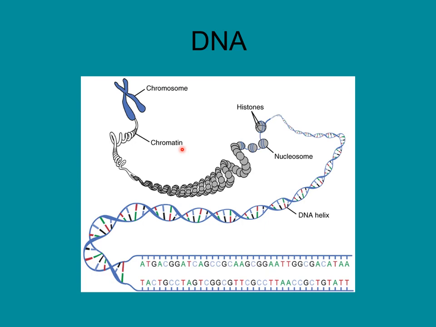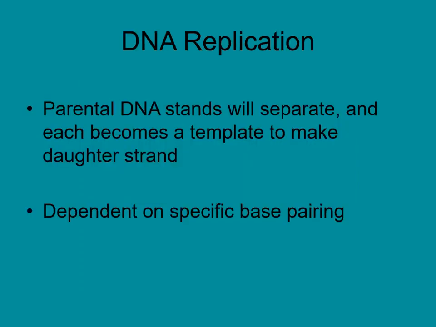When it is going through replication, which we'll see in a bit, then it goes into the chromosome form, which is a little bit more relaxed form. So this DNA, which is in the nucleus, contains all of the genetic information.